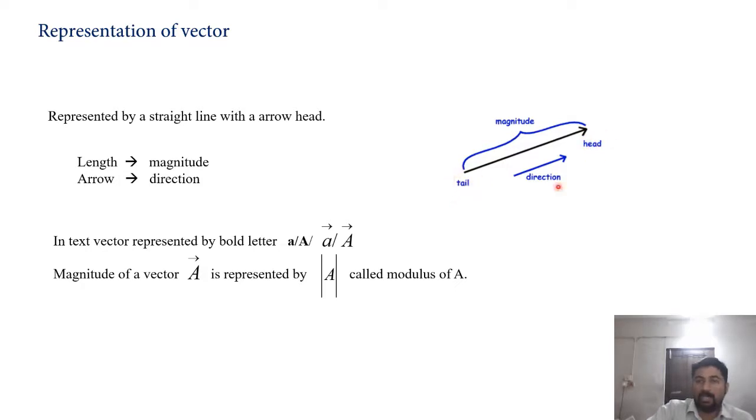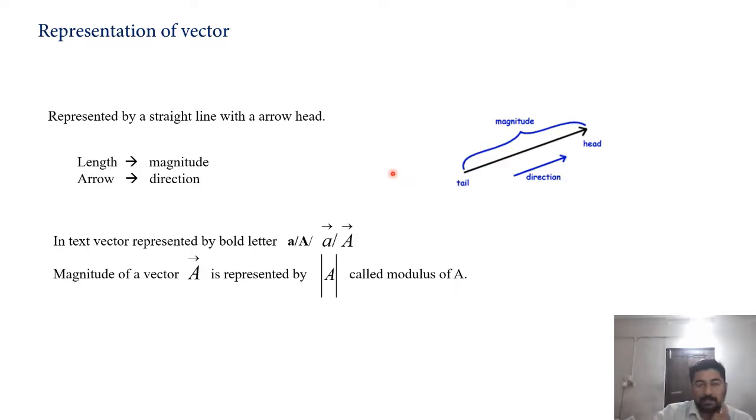The arrowhead shows the direction, and the length of the whole arrow gives the magnitude of the vector. This length is called the magnitude, and the direction the arrow points to is the direction of the vector.